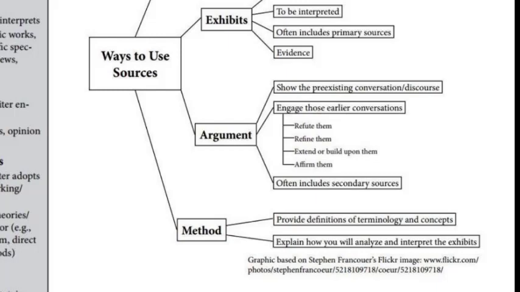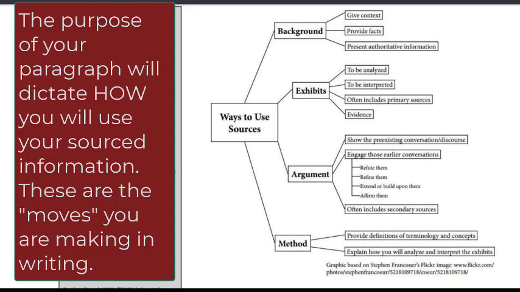It really just depends on the purpose of the paragraph, right? So the paragraph that you're writing and why you're writing it is going to dictate how or why you're going to integrate that information.